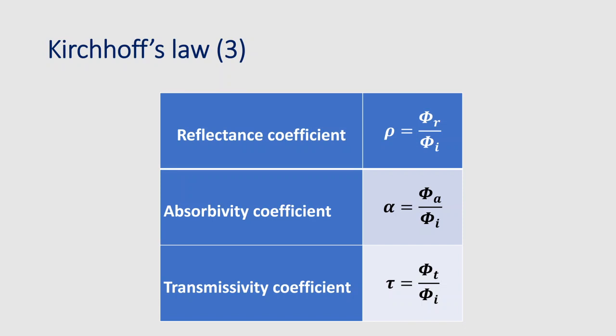The ratio between the reflected flux phi r and the incident flux phi I is called rho, the letter that stands for the reflectance coefficient.